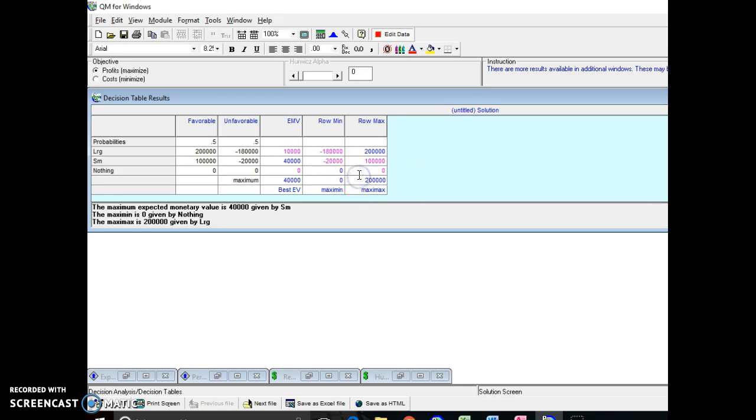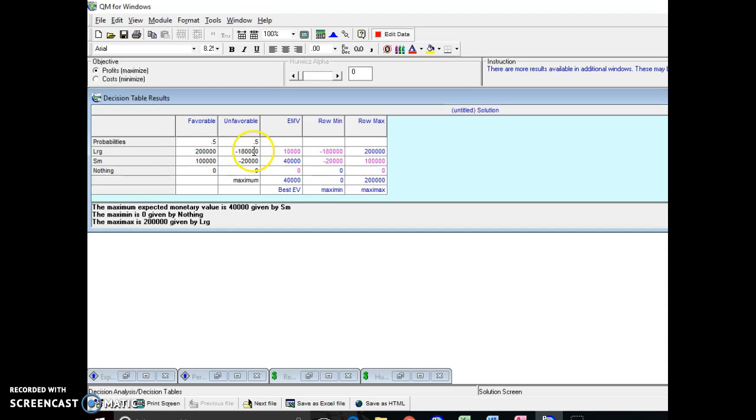Our Maximax, or the maximum return from all of these different decision criteria, is 200,000. So our Maximax right here is 200,000. And then our Maximin, which you'll recall is kind of the alternative with the least possible loss. We actually find the minimum outcome for each alternative.